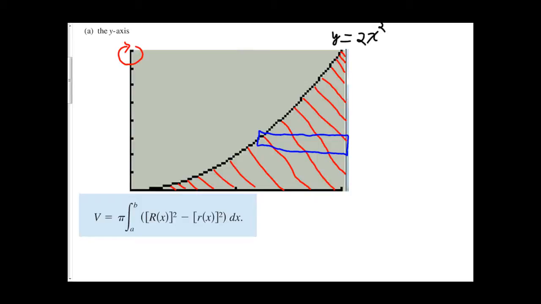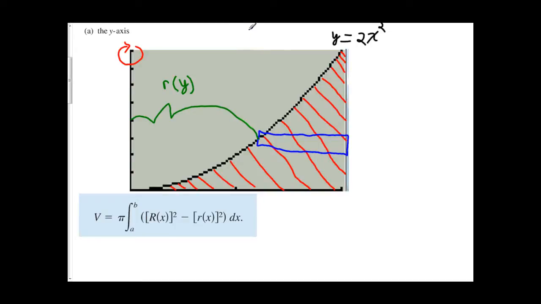One of them, a smaller one, goes from the axis of revolution all the way over to the function. We're going to call that the little r of y, because we're going to be doing our integral with respect to y. We actually have to modify this formula a little bit.